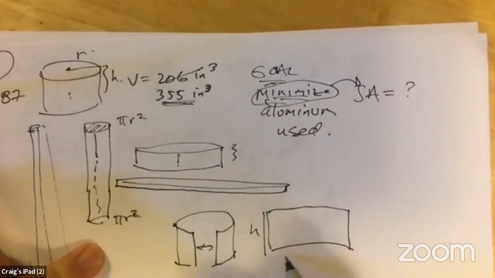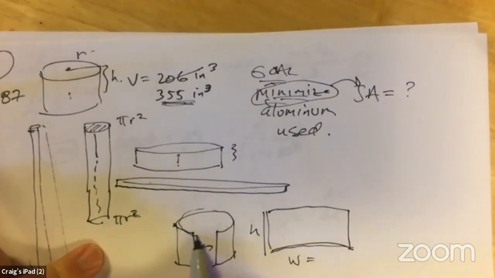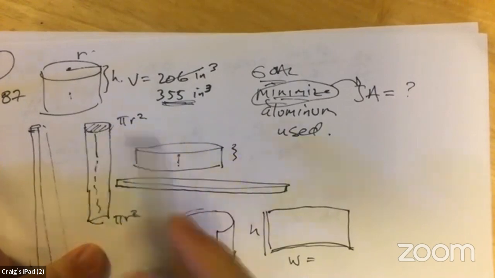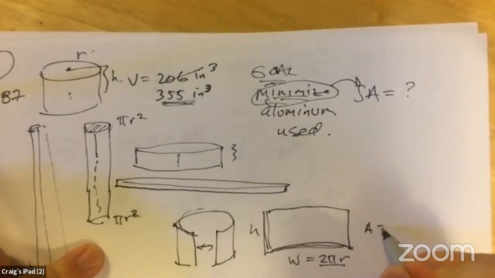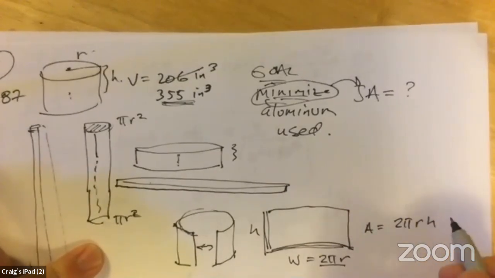And what's the width? Well, it's just the circumference of the circle, so it's 2 pi r. The height's the height and the length is 2 pi r. So the area here is 2 pi r h.